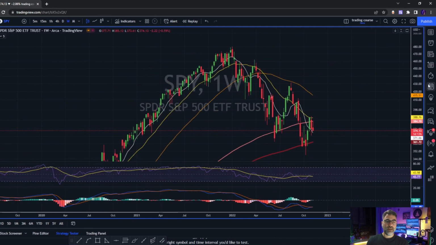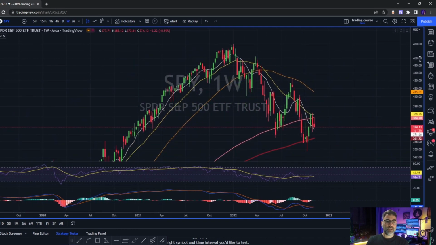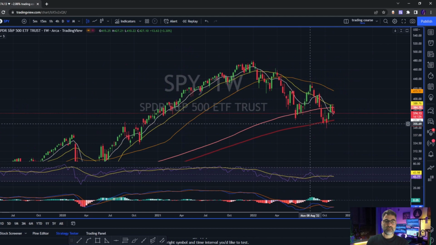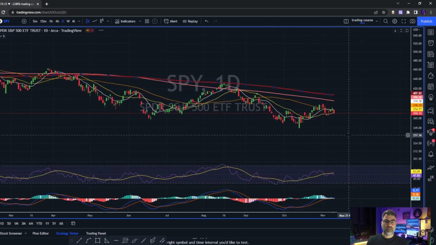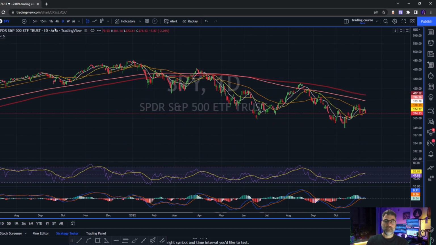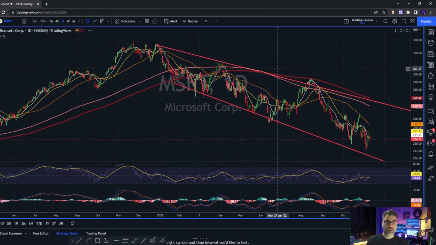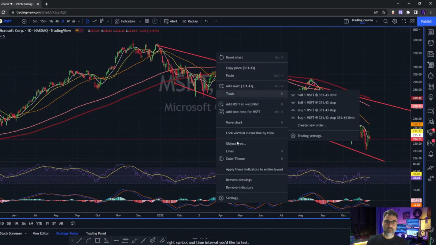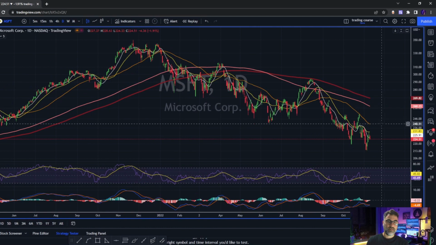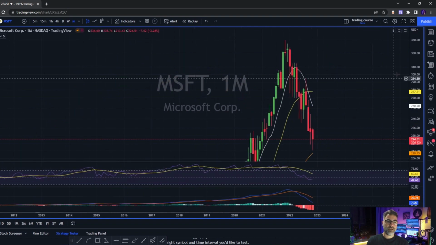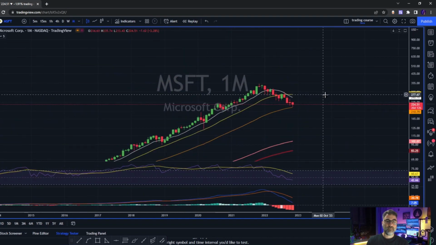On the weekly, the price of the SPY reacts differently than on the daily. And if we take Microsoft, we can see that on the daily, Microsoft reacts to a different moving average than the monthly.